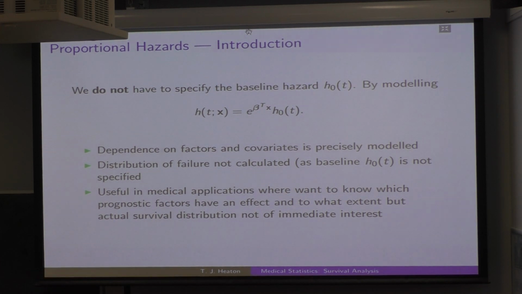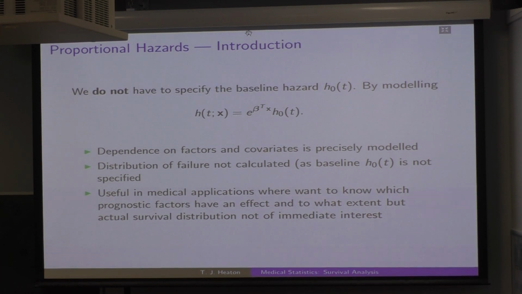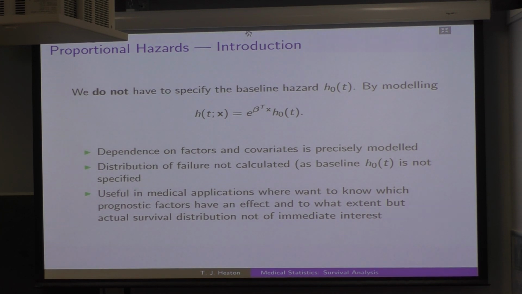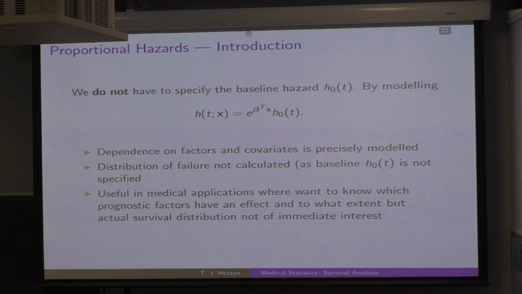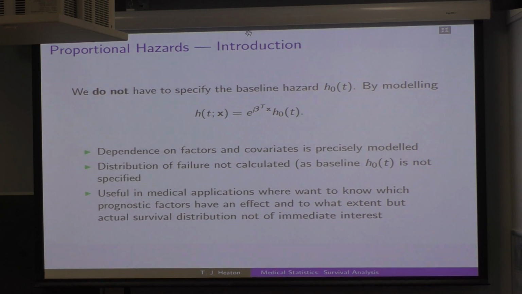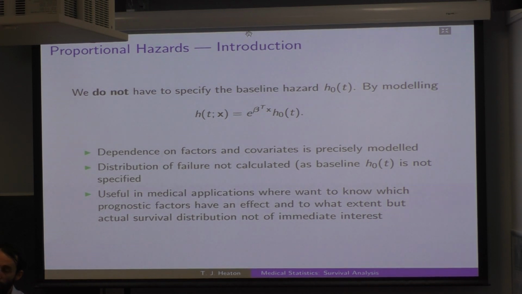What that means is we're not going to exactly work out the distribution of failure. Because we're not going to specify the baseline hazard, we're not going to be able to say things like exactly how long somebody will survive if they have a certain set of variables, but we are going to be able to say that somebody will survive longer or shorter dependent upon what their variables are.